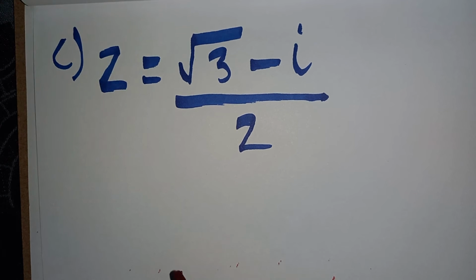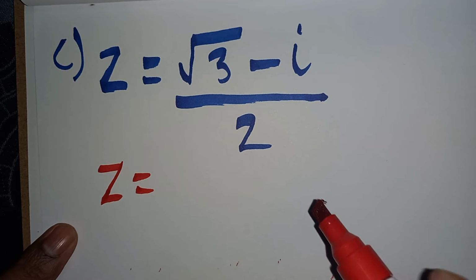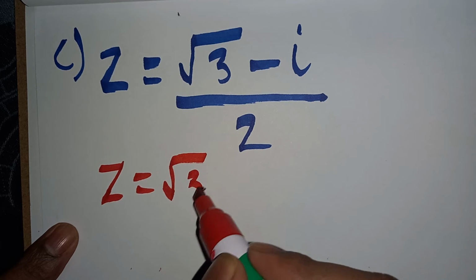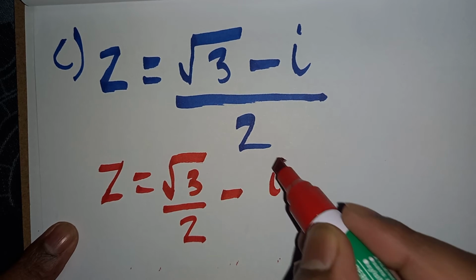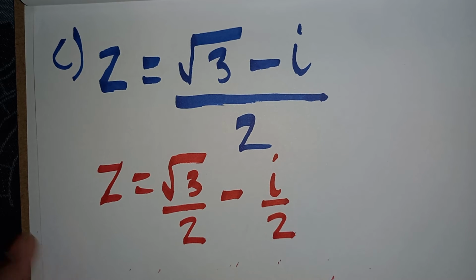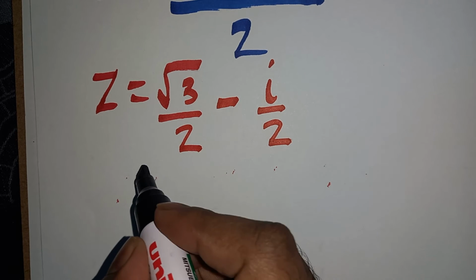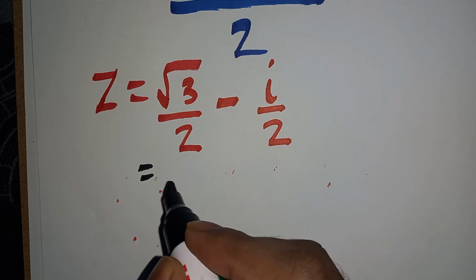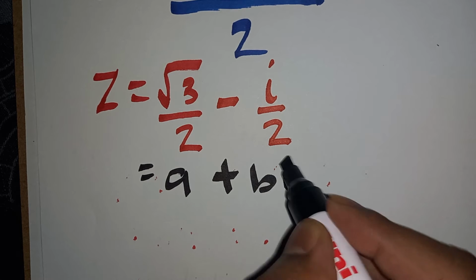Now if I simplify this, this can be written as root 3 over 2 minus i over 2. Now this is in the form of z is equal to a plus bi. Over here we can clearly see that we have a plus bi.